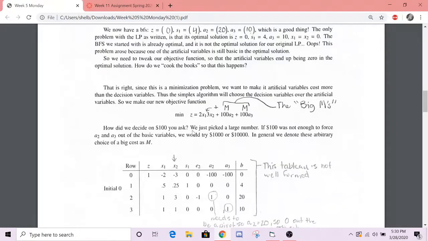We decided on 100 basically randomly. It just has to be a large number. If 100 was not enough to force A2 and A3 out of the basic variables, we could try 1,000 or 10,000. But in general, we denote this arbitrary choice of a big cost as M.